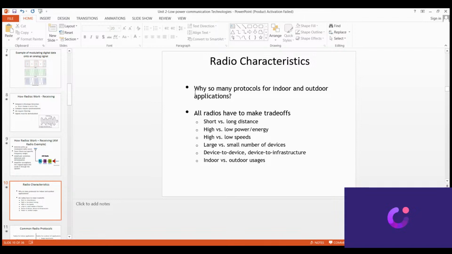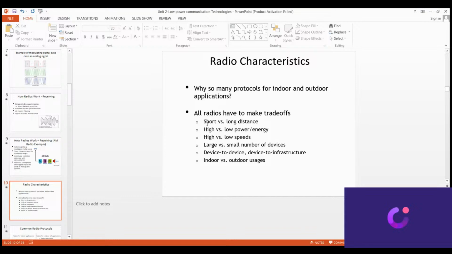So here we are saying, why so many protocols for indoor and outdoor applications? Why is it that we have so many rules or protocols that we want to consider? The reason is that all radios have to make certain decisions depending on the situation or circumstances.